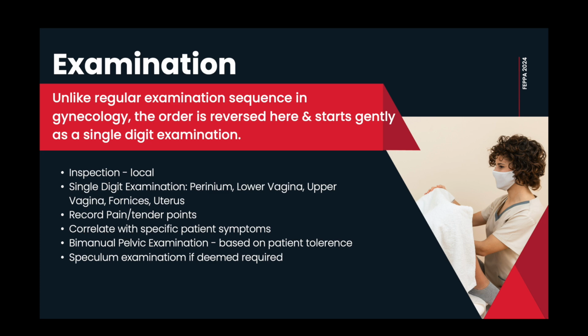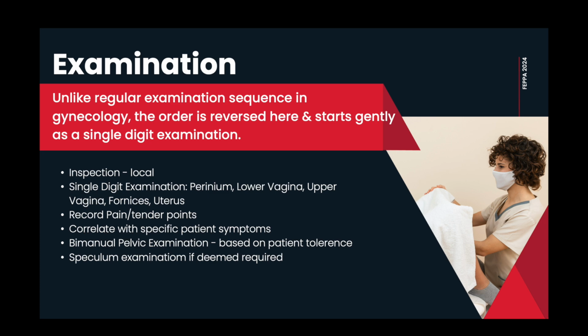Remember that unlike the regular examination sequence in gynecology, the order is reversed here and starts gently as a single digit examination. But the first thing always is to inspect locally, followed by a single digit examination of the perineum, lower vagina, upper vagina, fornices, and uterus.